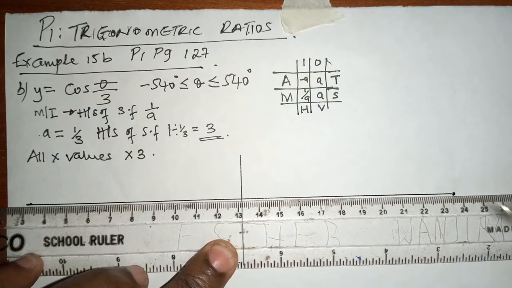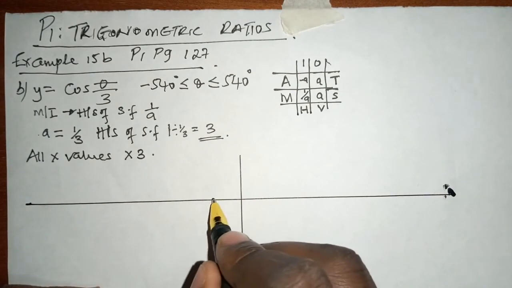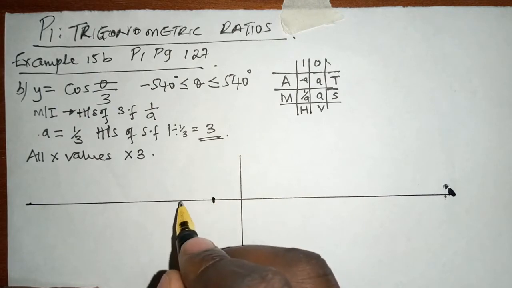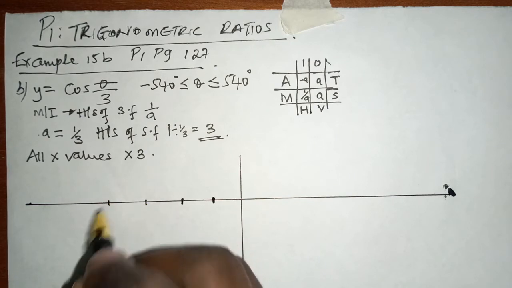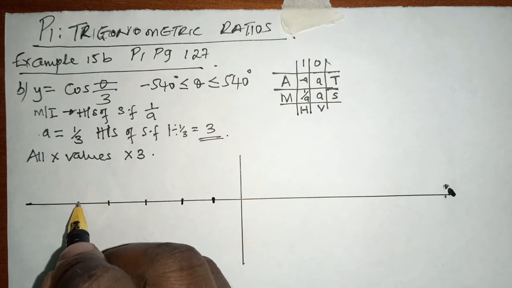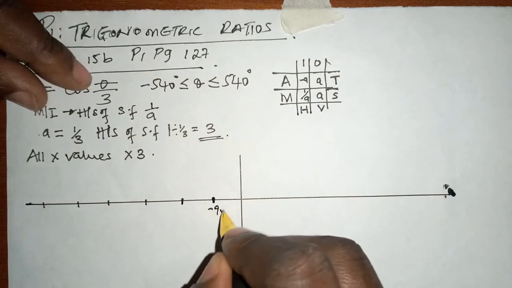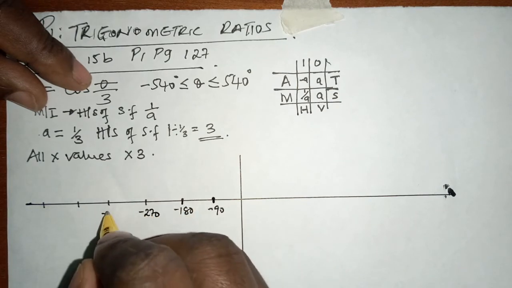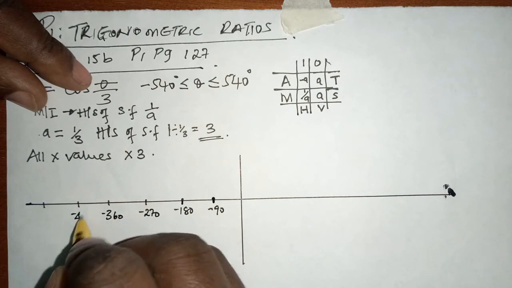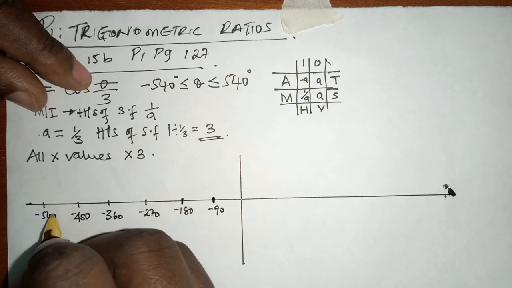So we have minus 90, minus 180, negative 270, negative 360, negative 450, and of course negative 540.